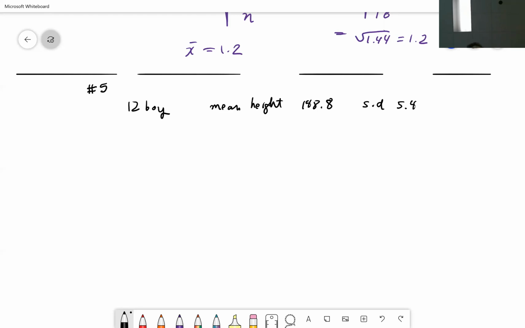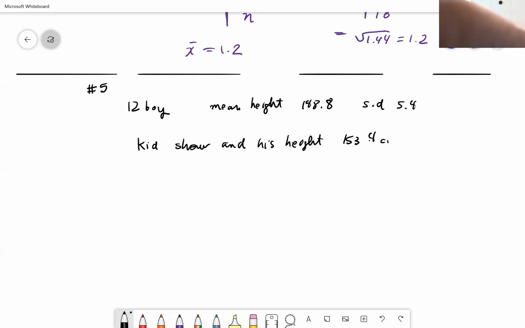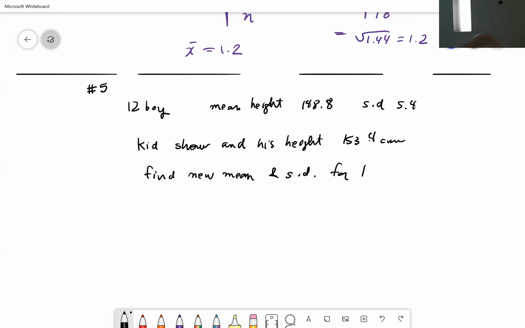So some kid shows up. Now you need to find the new mean and SD for the class. Basically, that's what the question is about.